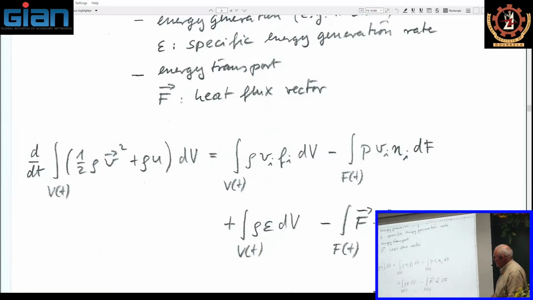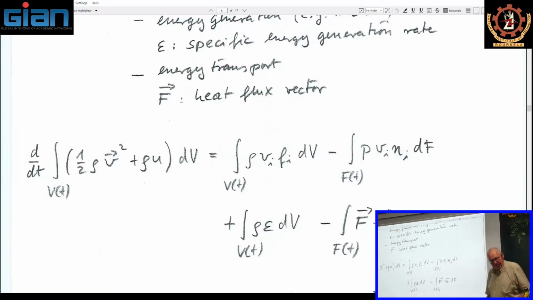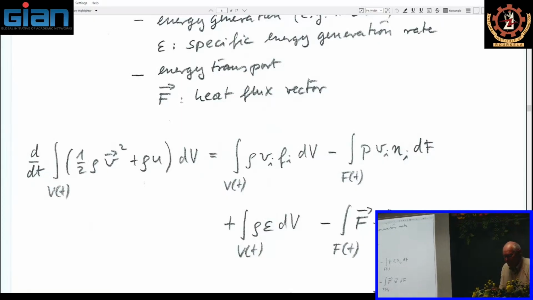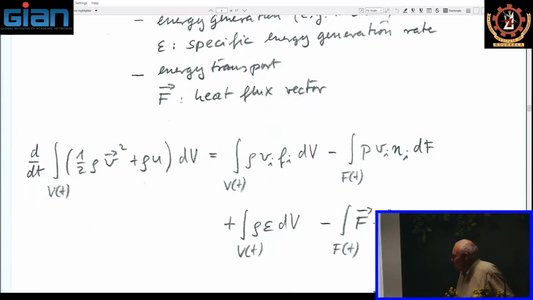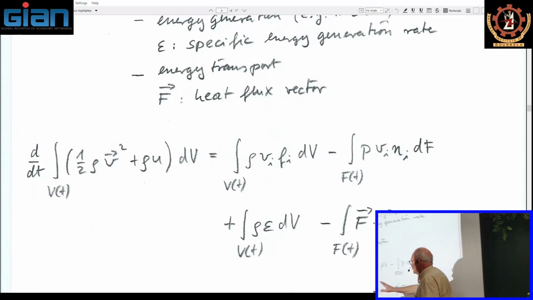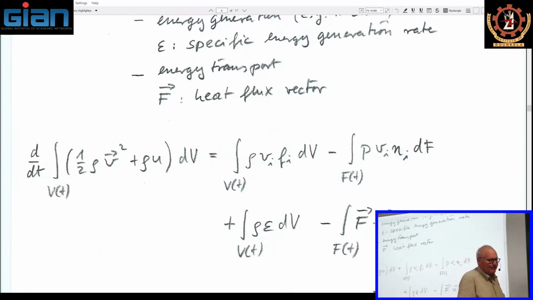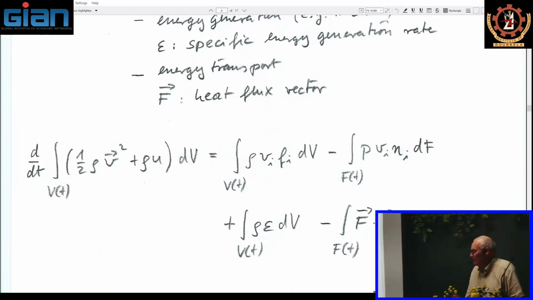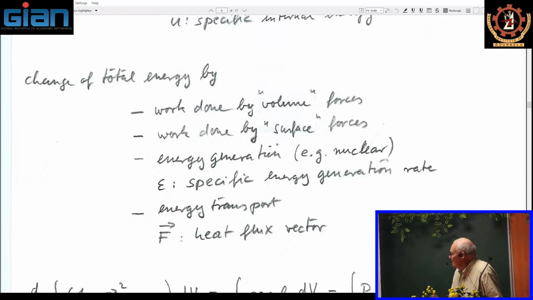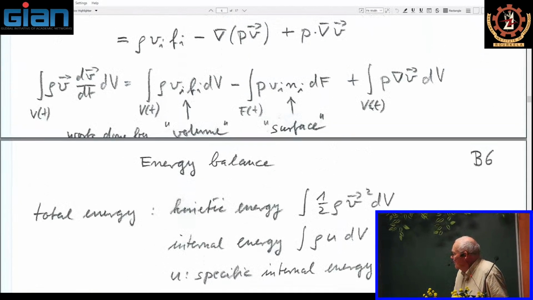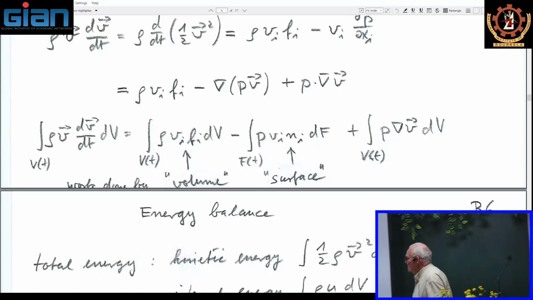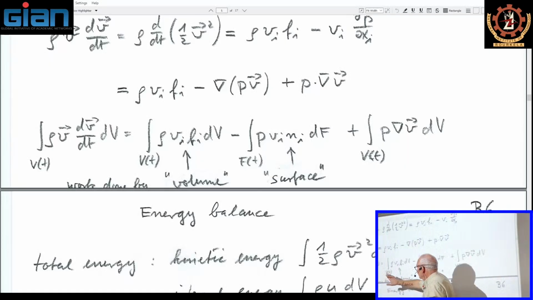Okay, now we already saw what we can express here, the change of the kinetic energy with time. We derived that term from the equation of motion, and we saw, well, this is the change of kinetic energy.